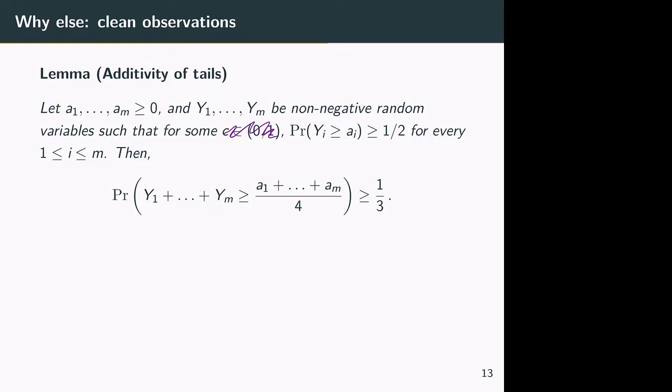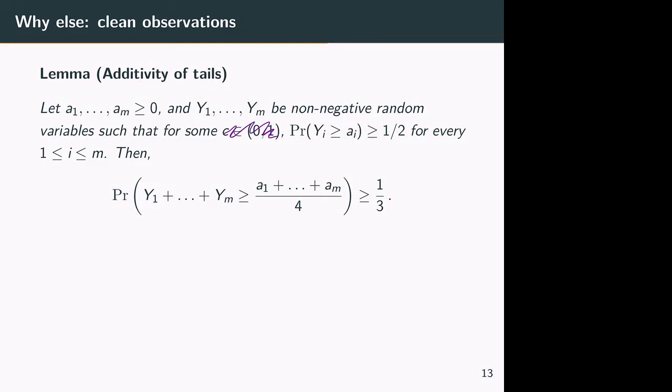Y1 through YM are non-negative random variables, which could depend arbitrarily on each other; there is no restriction on how they depend on each other. And the probability of Yi being at least Ai is at least a half. Then what we can show is that the sum of the Yi's is at least the sum of the Ai's over 4 with probability at least 1/3.